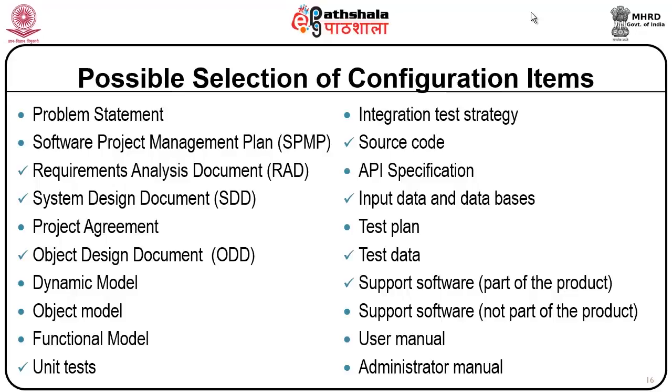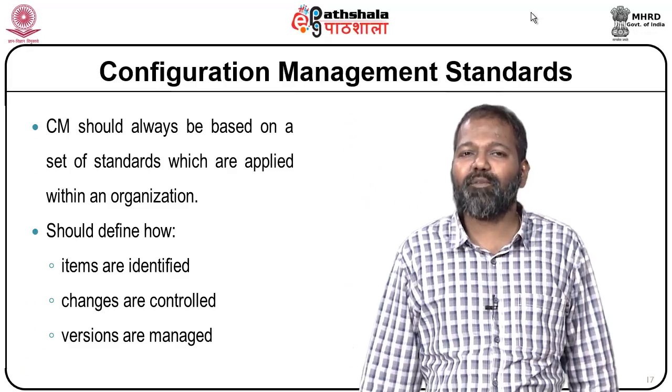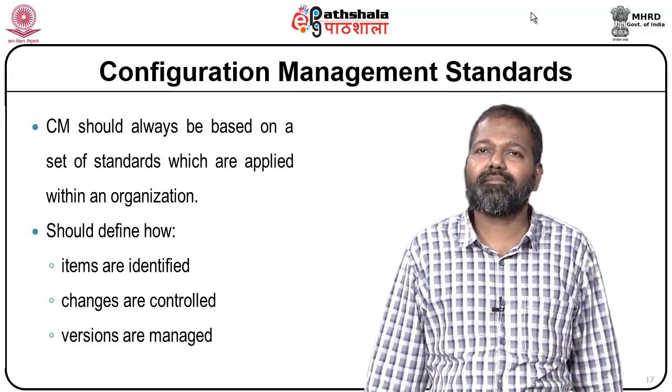The process logic that you have implemented in a module, which is part of your detailed design, may have to be altered. Object design document, unit tests, source code, input data and databases, test data, support software which is part of the product, are possible selections of configuration items.